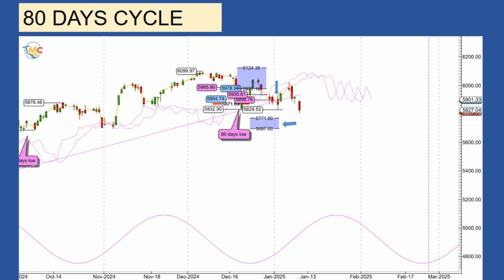The crossing happened at 5,935 and 5,898 for a target zone between 5,771 and 5,697. After forming its 5,829 low, the S&P 500 rebounded and found resistance on its cycle line. Since that day the market resumed its decline.